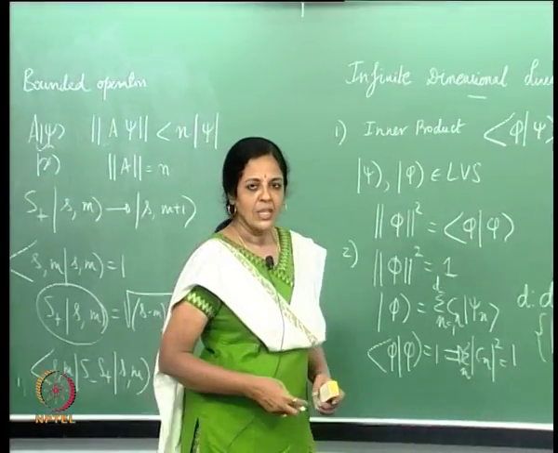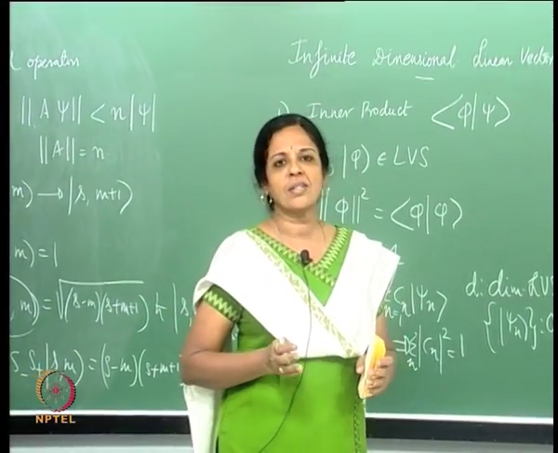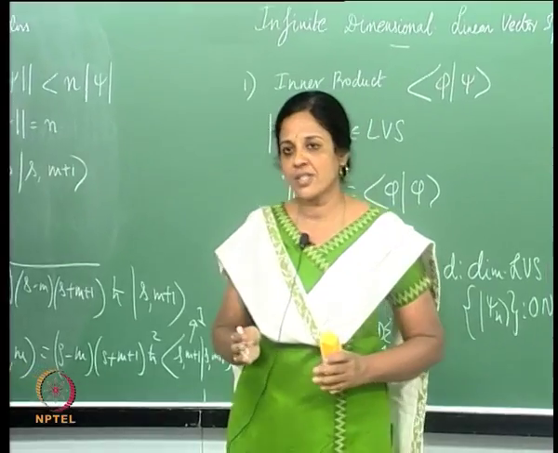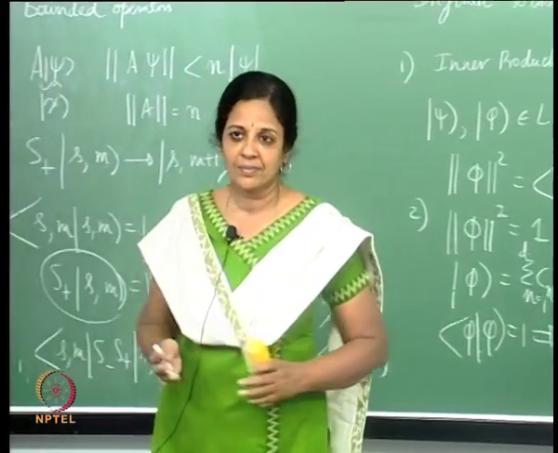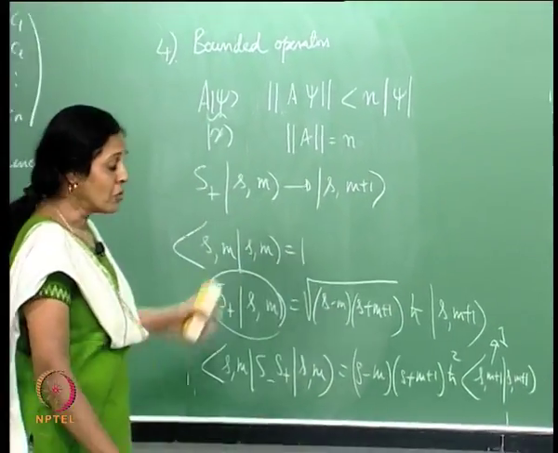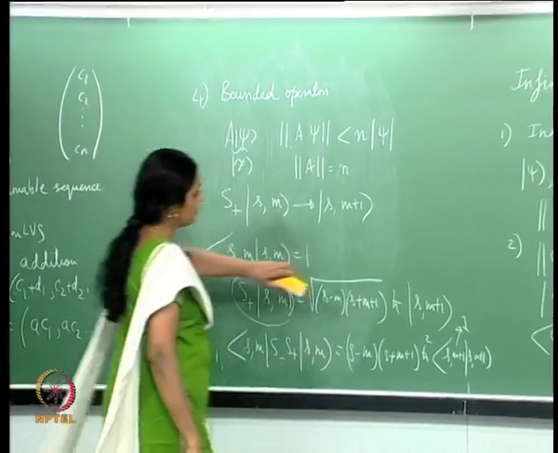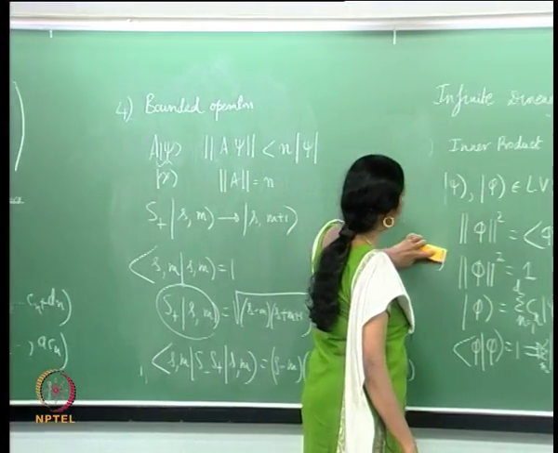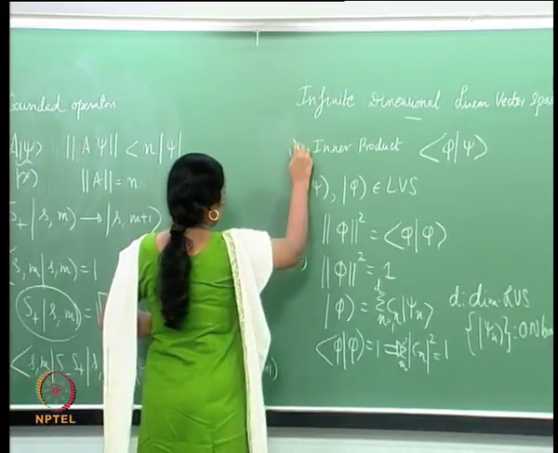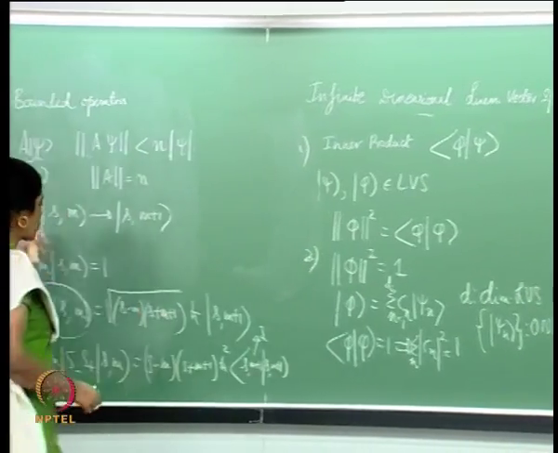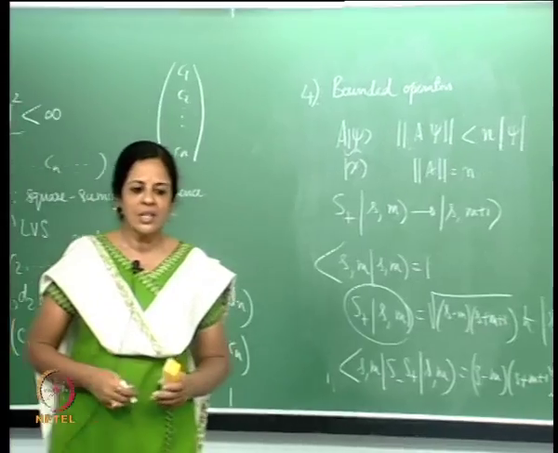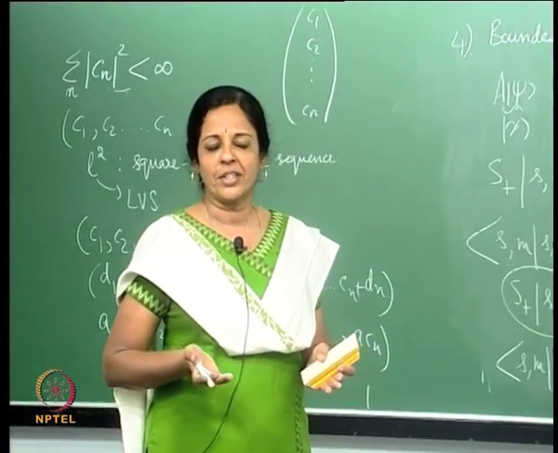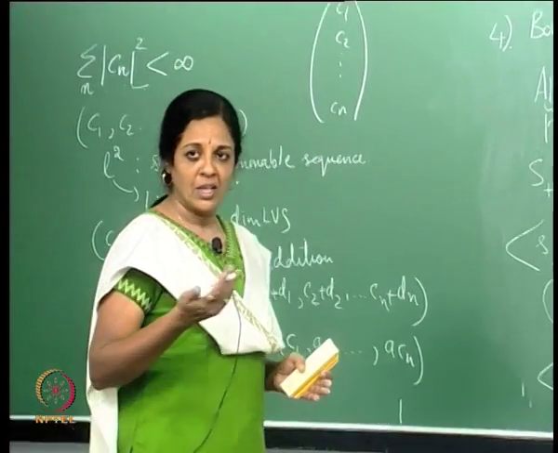It turns out that all operators in a finite dimensional linear vector space are bounded operators, and this is merely an example of what we saw. But in an infinite dimensional vector space, there is no need to imagine that all operators will be bounded. In fact, there are many unbounded operators, and we will see some of them as we go along.